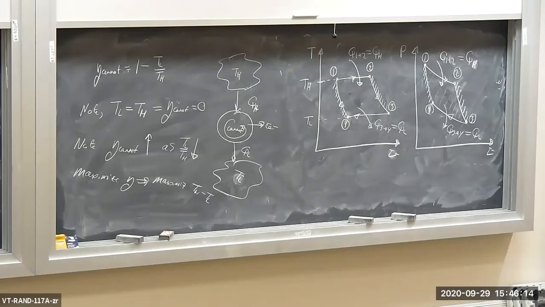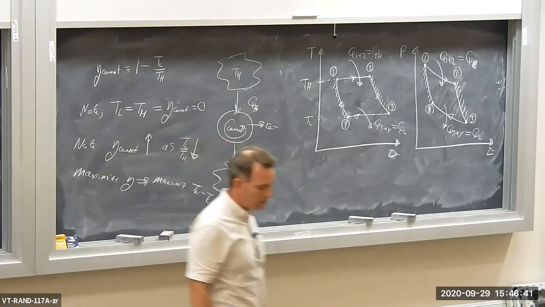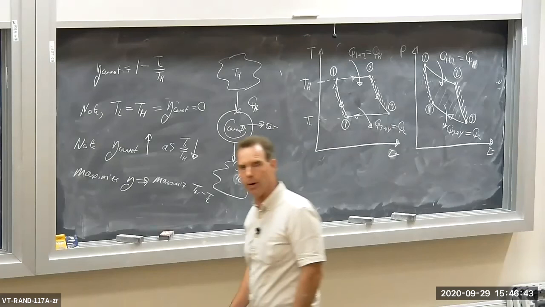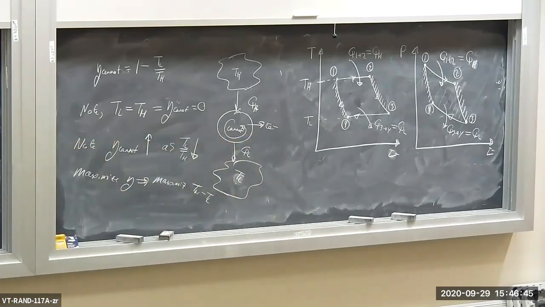Then we have isothermal compression at temperature T low, and that results in heat being rejected to the low temperature reservoir, and that goes from 3 to 4. And then we have adiabatic compression back up to state 1, insulated. Okay, so I would definitely, if you do any problems with the Carnot cycle, you need to put up a TV diagram to keep track of what's going on.